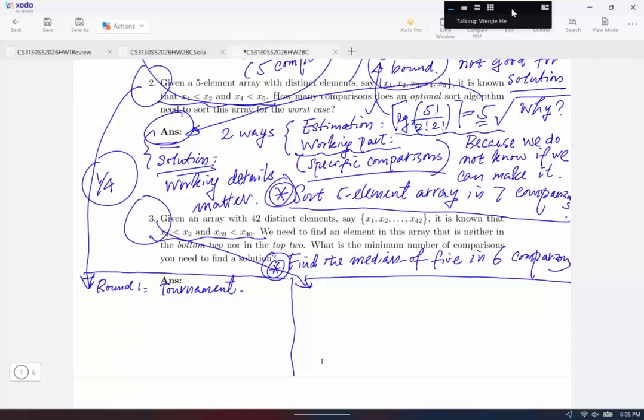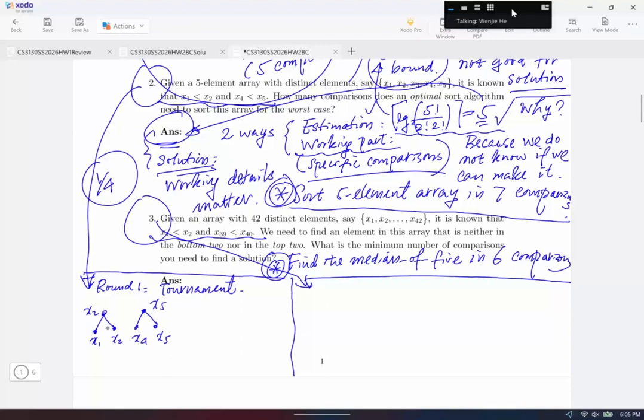Here, in question number 2, the first pair is between x1, x2, the second pair between x4, x5. Winner x2, winner x5.